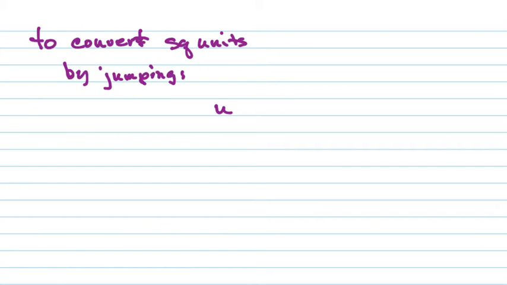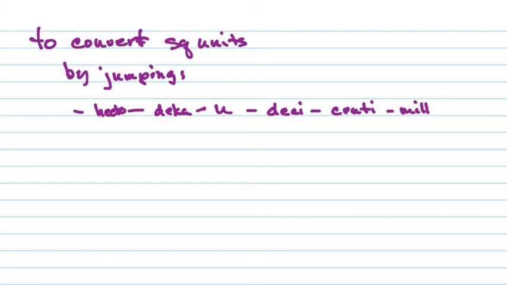So to convert square units by jumping, right? You have in the middle you have your units. As you go this way, we have deci, then we have centi, then we have milli, right? If you go this way, you have deca, you have hecto, and you have kilo, right?